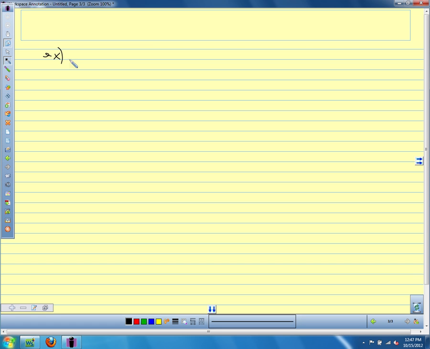So this one, we have the cosecant squared x times the cotangent of x minus the cotangent of x. And we're simplifying these.